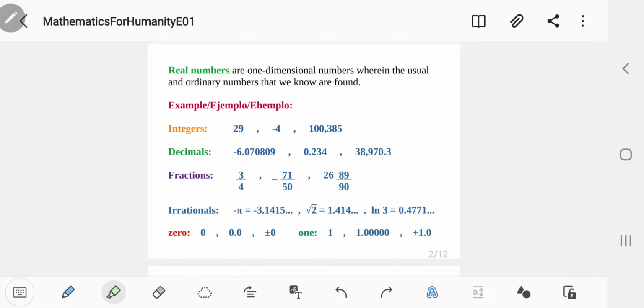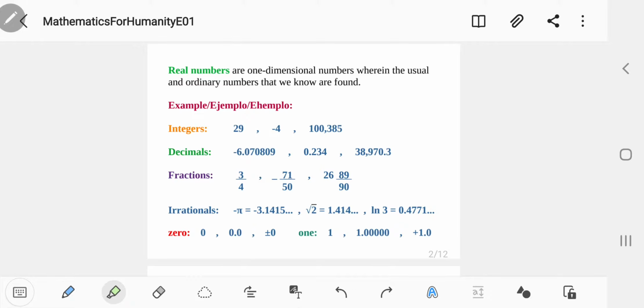The 0, as I've said earlier, is the number in the middle of the negative and positive numbers. 0 can be represented by this symbol or this symbol or that symbol, but those all mean 0. So it's all 0. Or you can write it simply as this symbol.